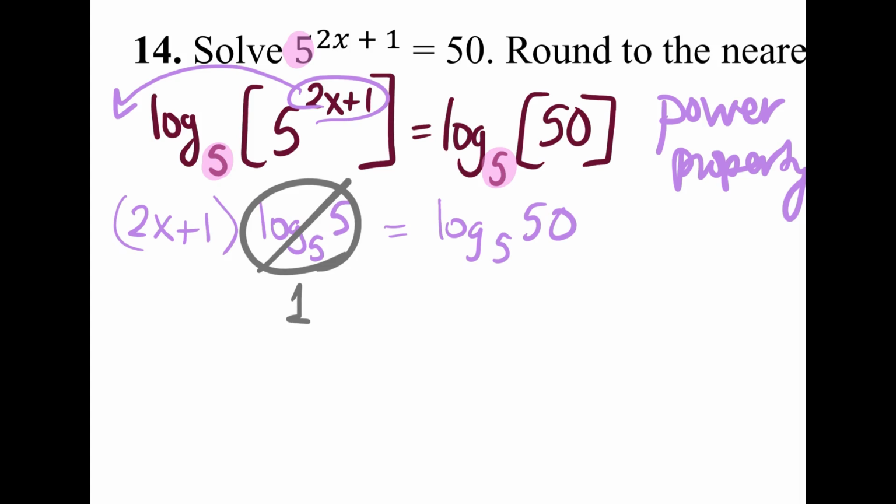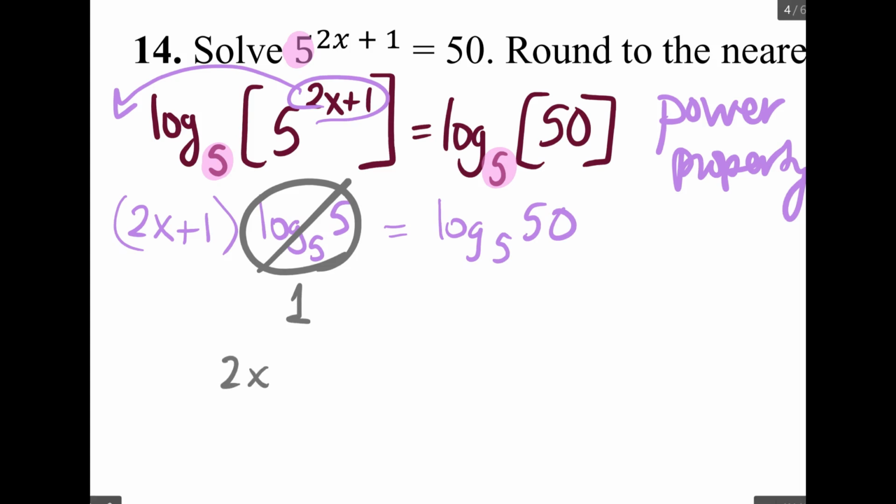Oh, the power of 1. The answers to logarithms are exponents. Whenever you evaluate a logarithm, like log base 5 of 5, we get an exponent as the answer. So here, I'm saying, if I put 5 to the first, I'll get 5. That's true. That's why it cancels out.